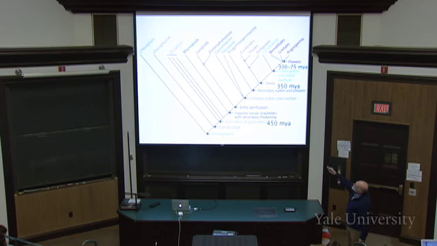If we look at the plant radiation, there's a whole series of acquisitions of major elements of what it means to be a plant, and they occur at a pretty steady pace between about 450 and 75 million years ago. So chlorophyll B is quite old.